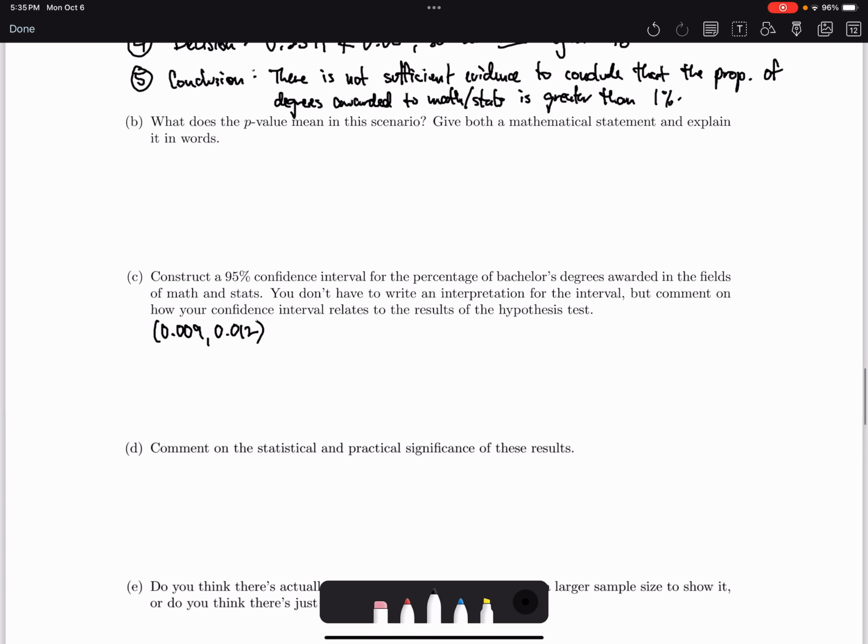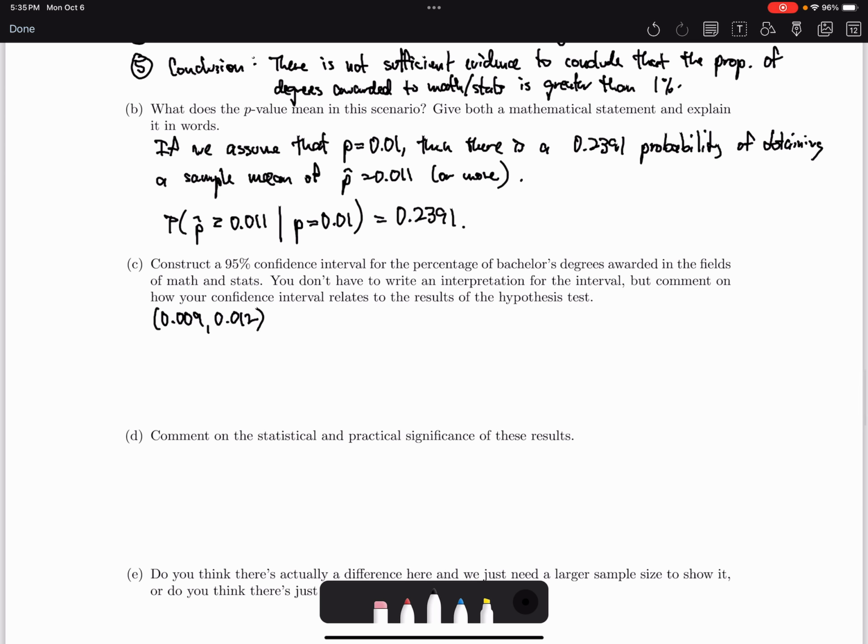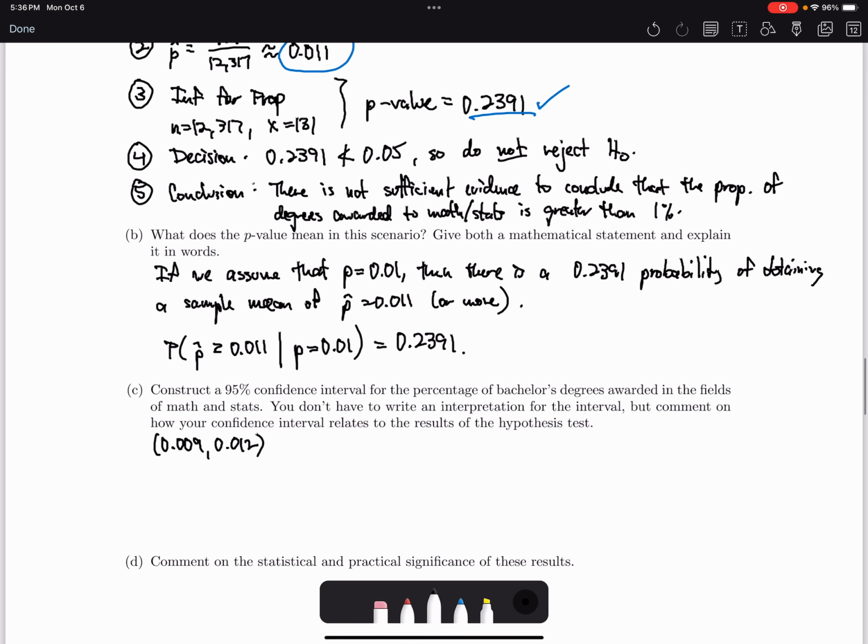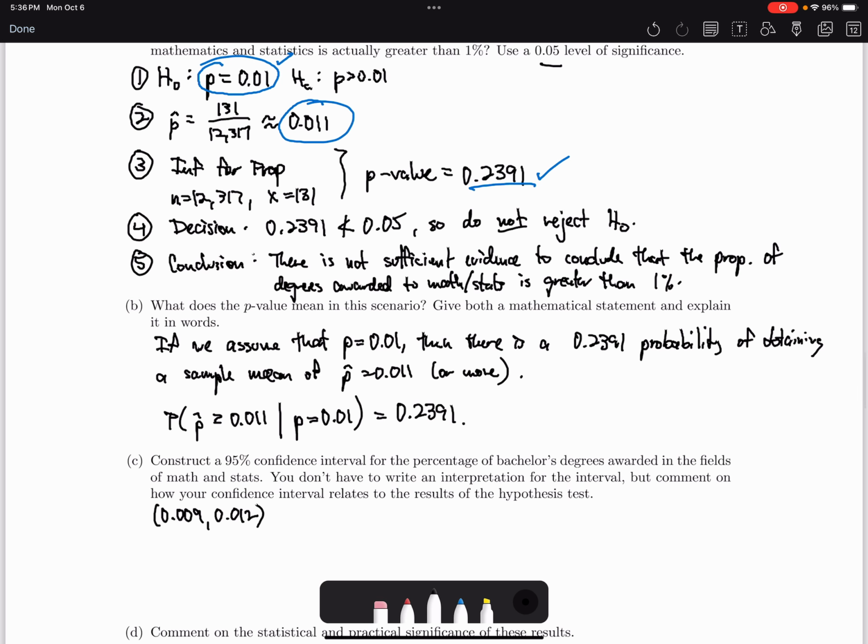Part C, construct a 95% confidence interval. Okay, done. Now it says you don't have to write an interpretation for the interval, but comment on how your confidence interval relates to the results of the hypothesis test. Well, what this interval means is that we are 95% confident that the true population proportion of bachelor's degrees awarded to math and stats is somewhere between 0.9% and 1.2%.